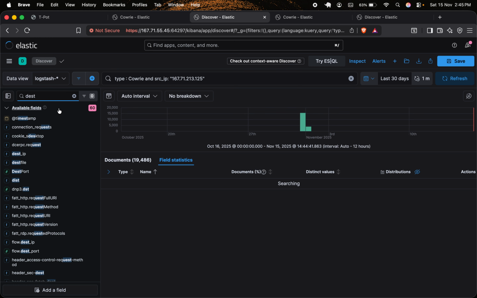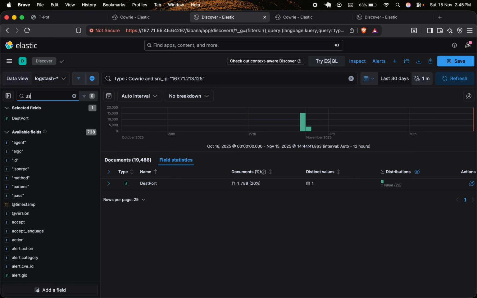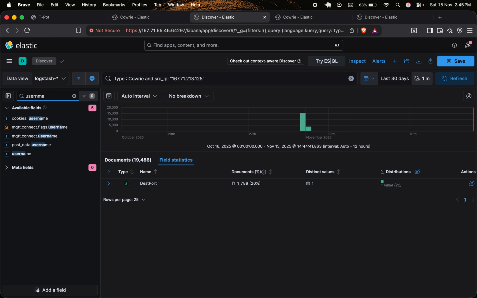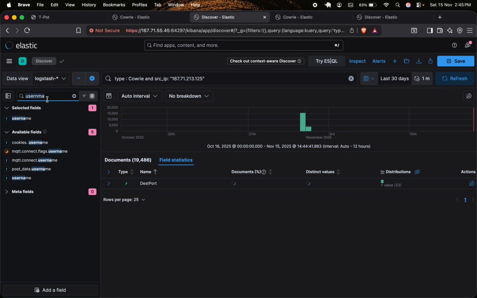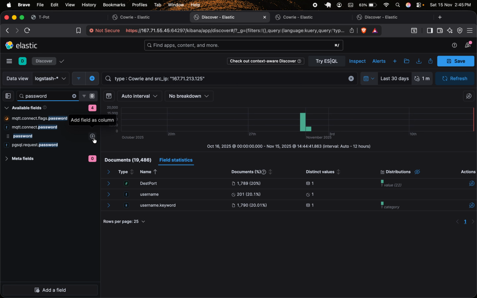If I put destination port here, this field actually shows us which port he uses. And then we can also filter, in case he is using brute force, which username he uses, what is his pattern, and if he is maybe using passwords.